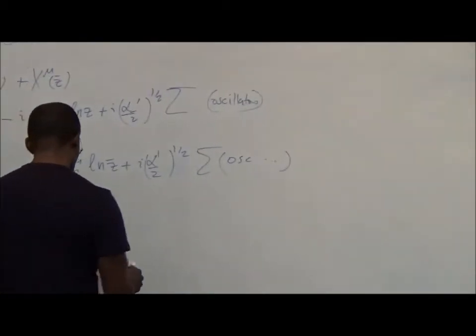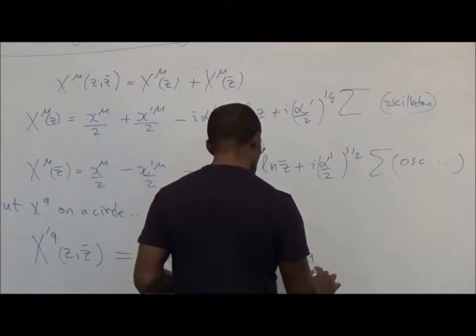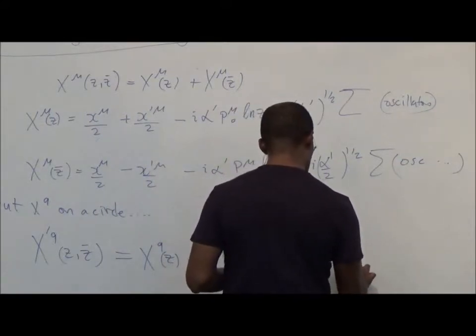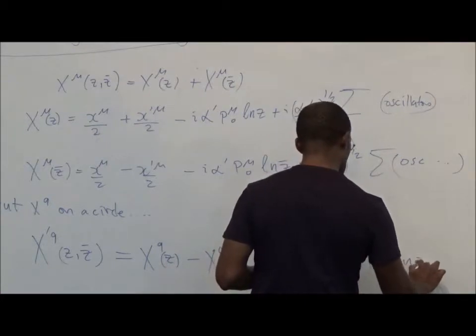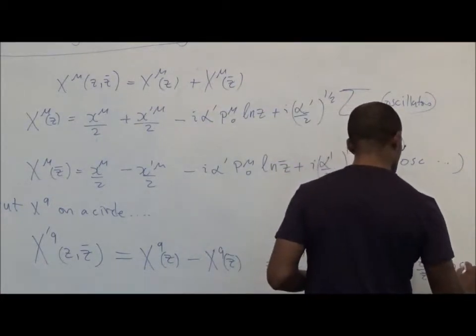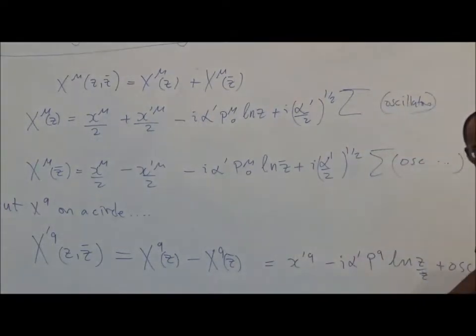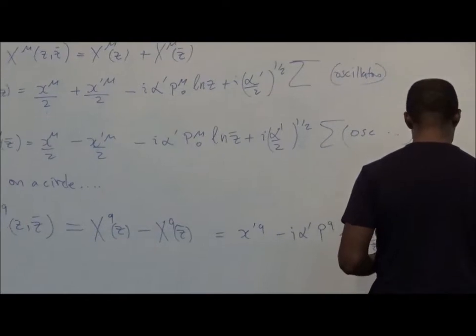Again, the oscillator stuff is not so interesting, so I won't write it out. So I have x9 primed minus i alpha primed p9 log of z over z bar plus oscillators. I guess maybe I'm getting to it. Let me go sideways because I'm worried that you won't all see it.